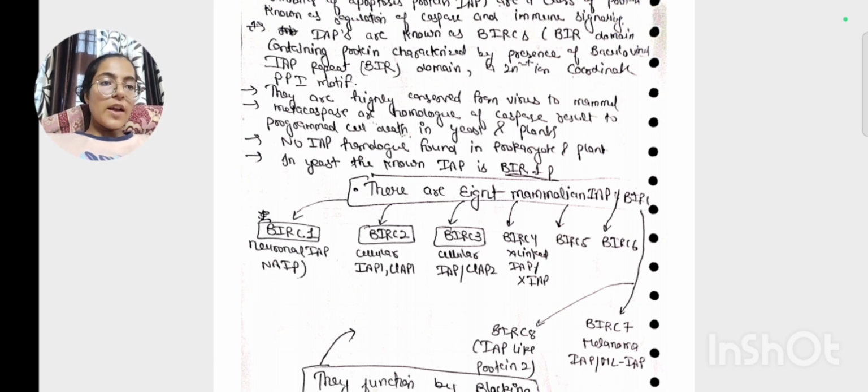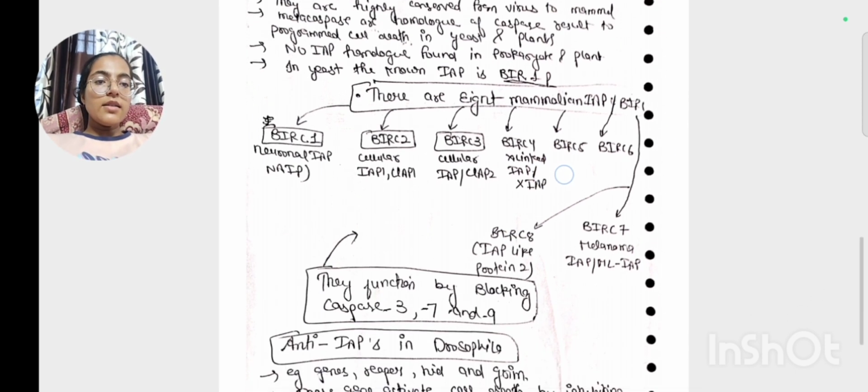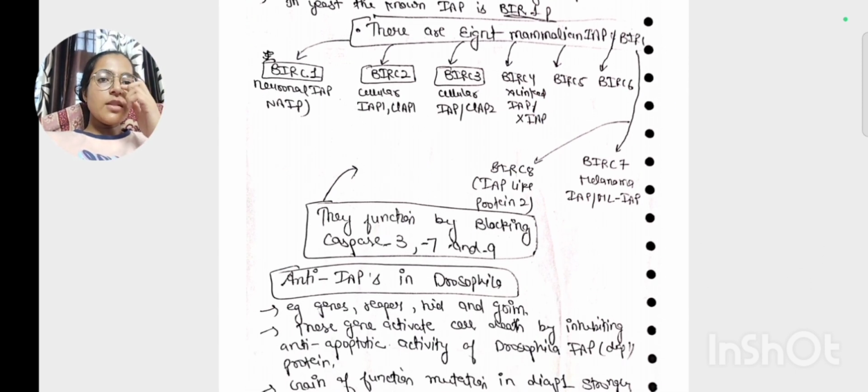While 5 and 6 have not yet been discussed so much, BIRC7 is in melanoma, which is a cancer, and BIRC8 in IAP-like proteins, right? They function by blocking caspase 3, 7 and 9, right?